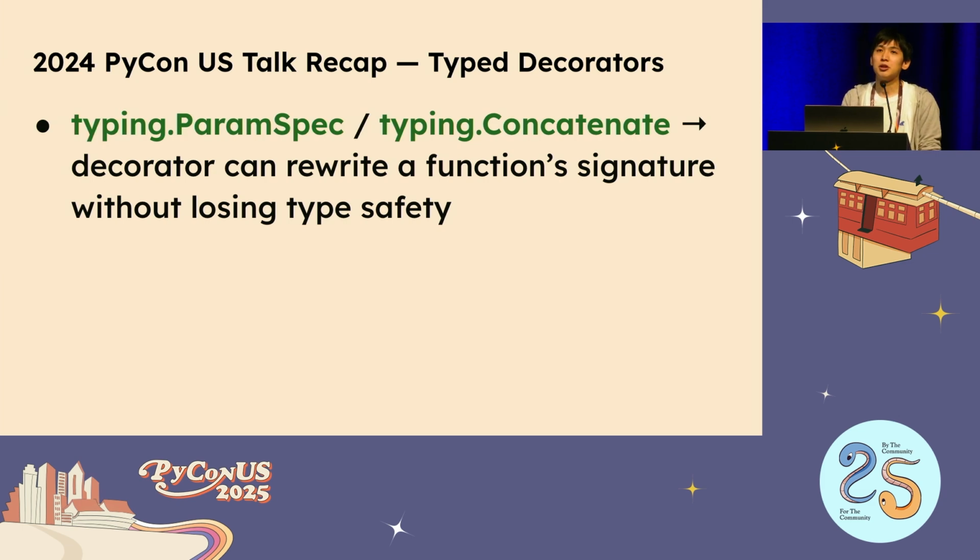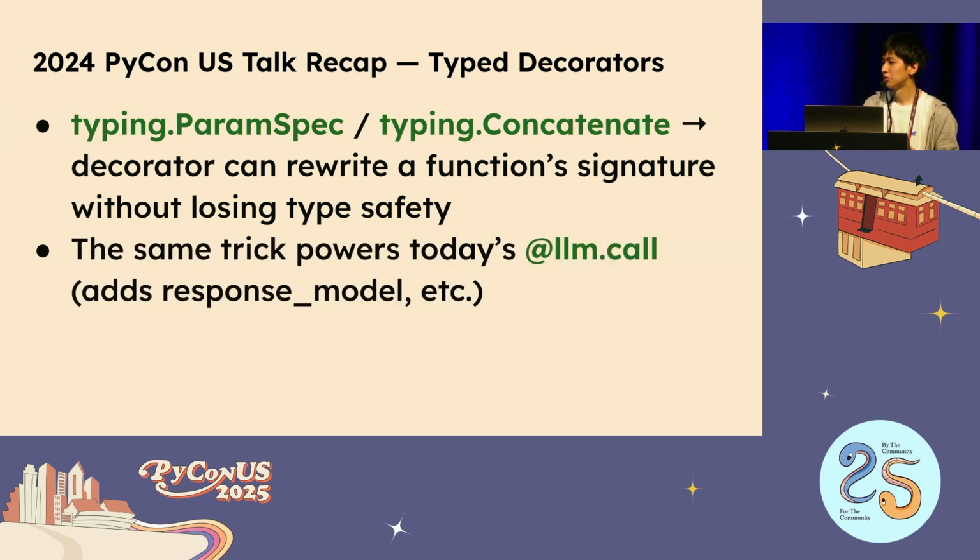So it means we can change some arguments and return types by using the decorator, of course including type hints. And the same trick is used today in llm.call.